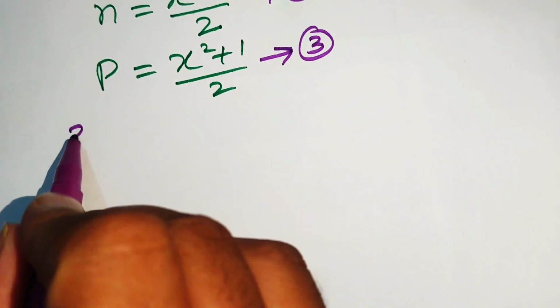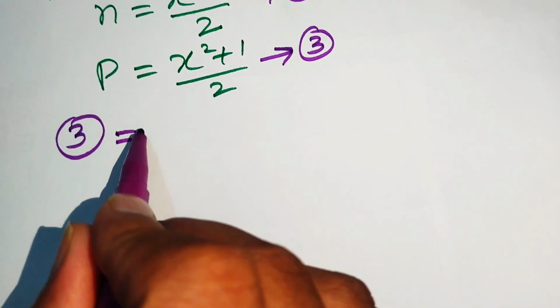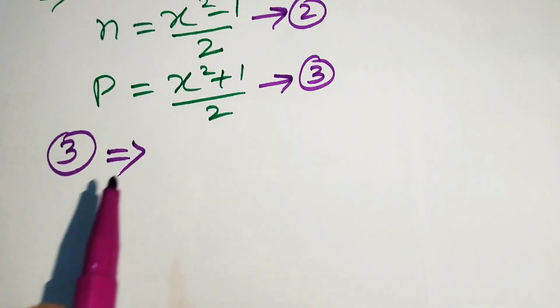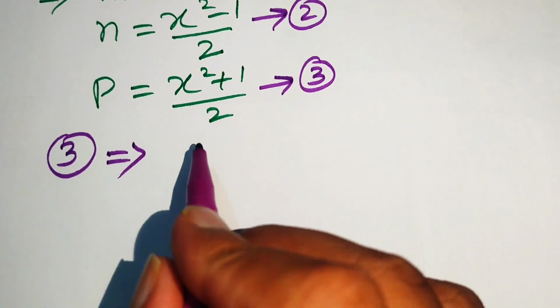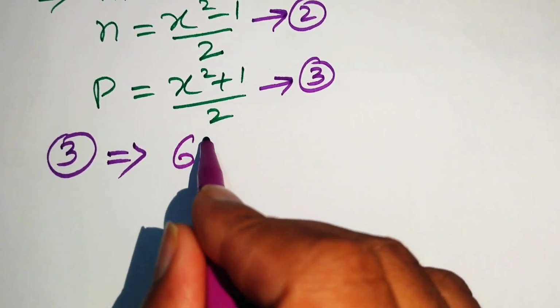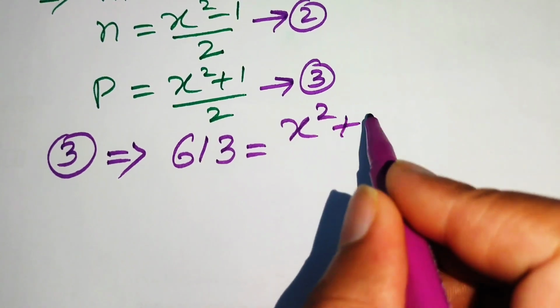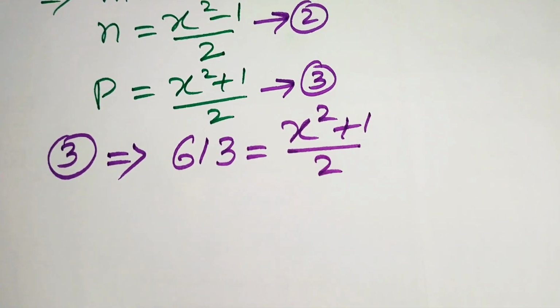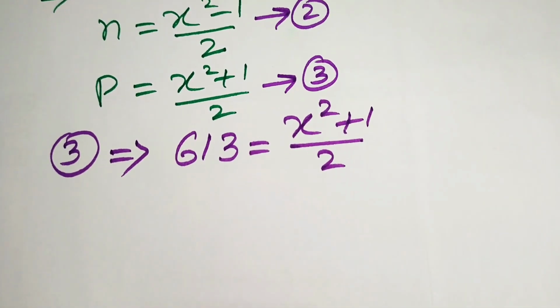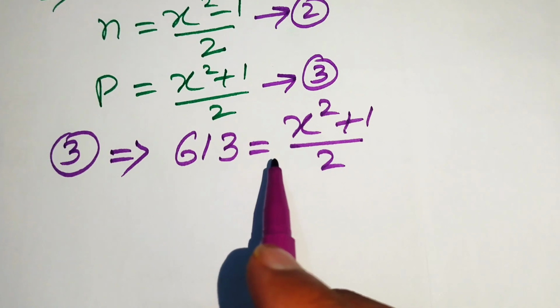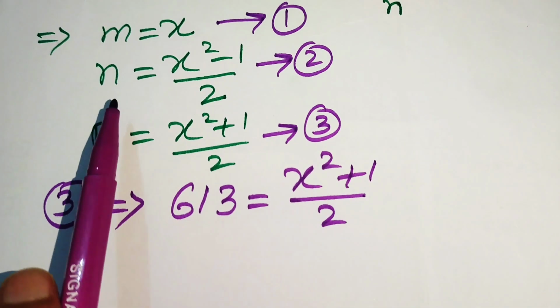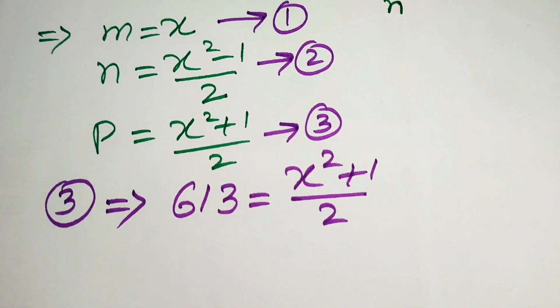But we know that the value of p is 613, so we substitute it in equation number 3. It implies 613 equals x square plus 1 divided by 2. Now we easily find the value of x, and after that the values of m and n.